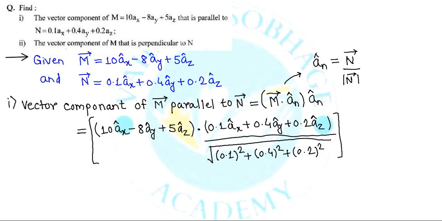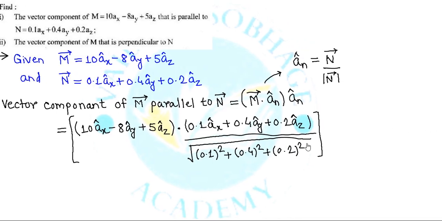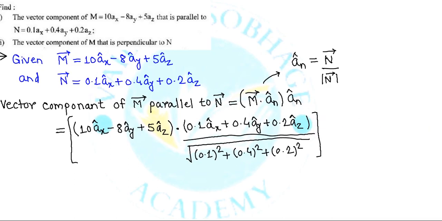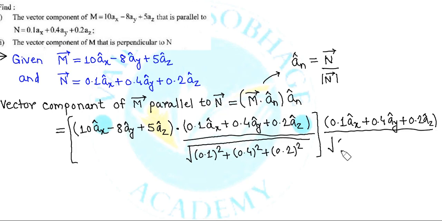Now next is again rewrite for that unit vector along n, this one. So what it should be? In similar fashion we can write your given vector n, that is 0.1 ax cap plus 0.4 ay cap plus 0.2 az cap divided by its magnitude, not unit vector. So that shows you what?